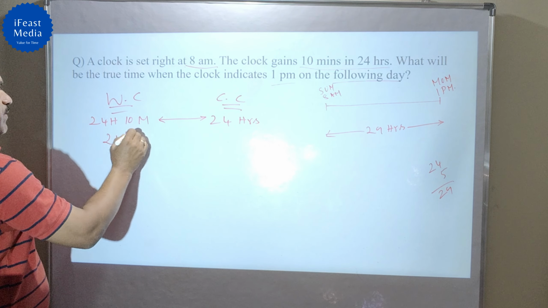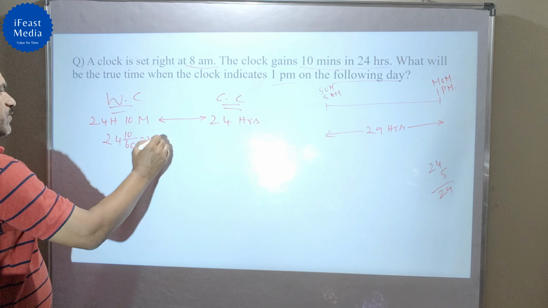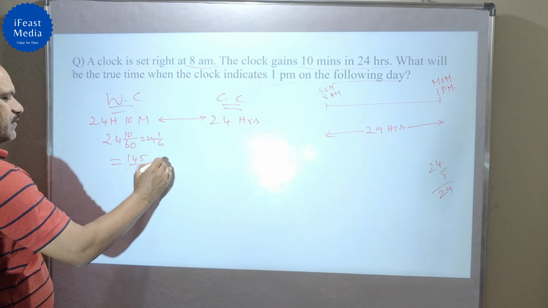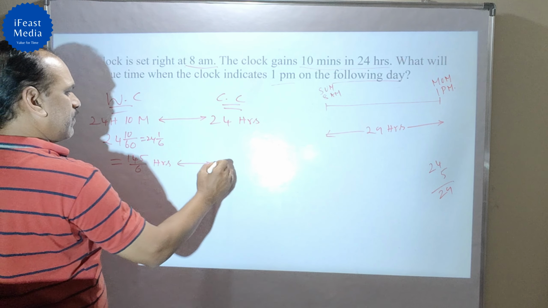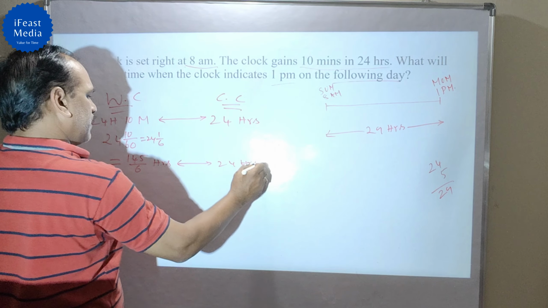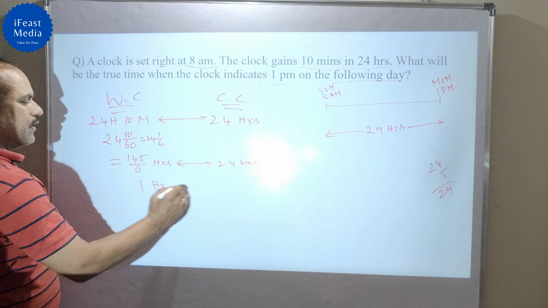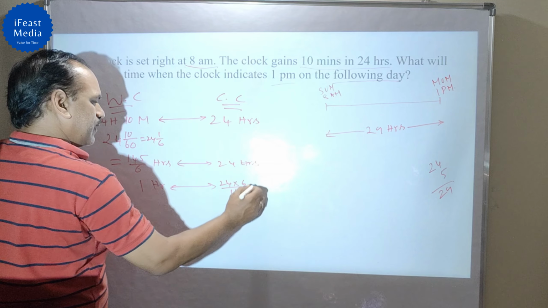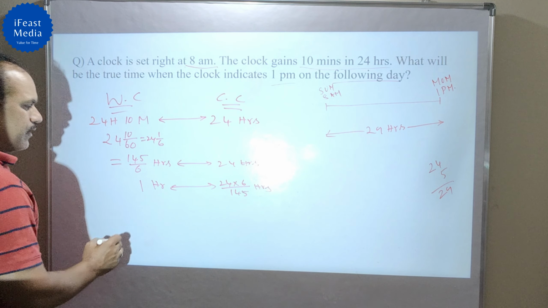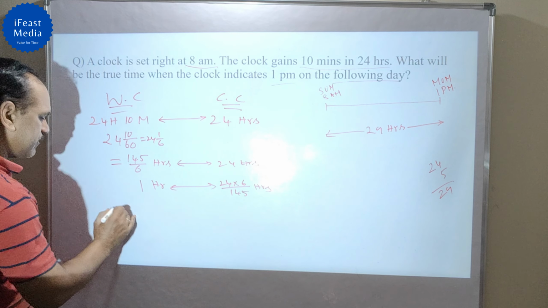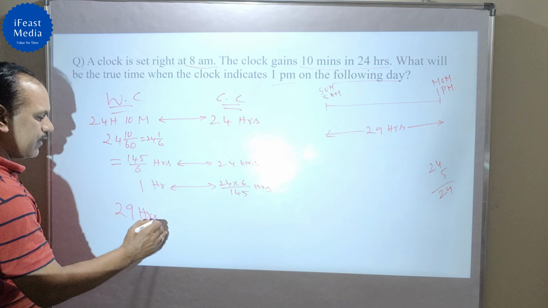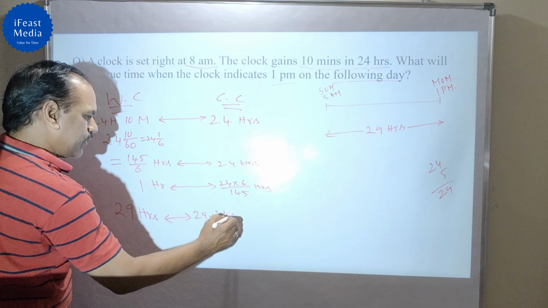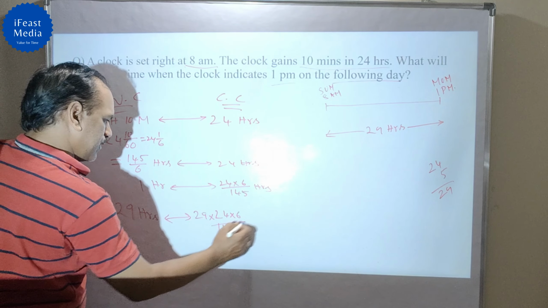So 24 10 by 60, which is 24 1 by 6, it is 145 by 6 hours, equivalent to 24 hours in the correct clock. So 1 hour in the wrong clock is equivalent to 24 into 6 by 145 hours in the correct clock. So what is the total duration? It is 29 hours. 29 hours in the wrong clock are equivalent to 29 into 24 into 6 by 145 hours.